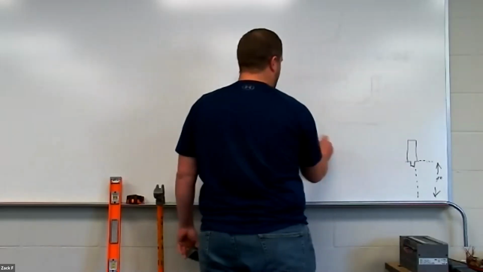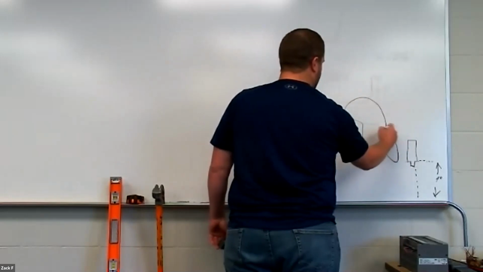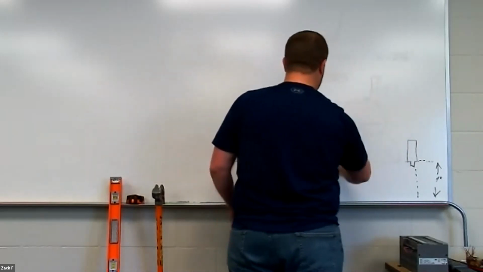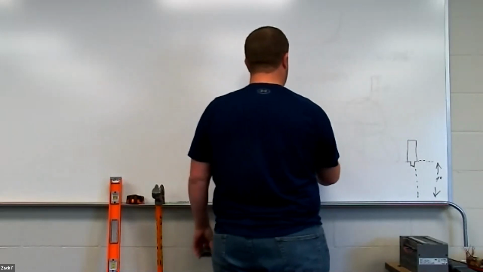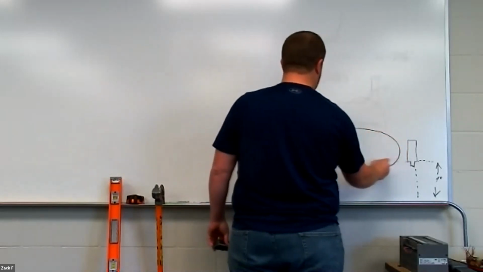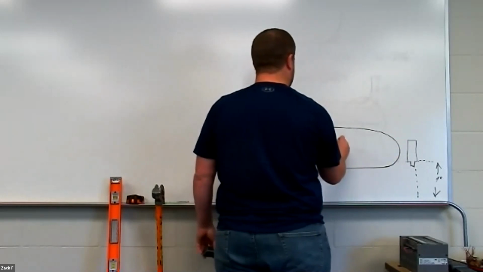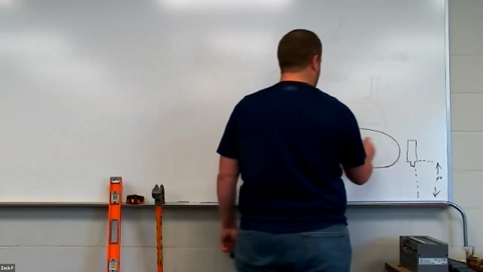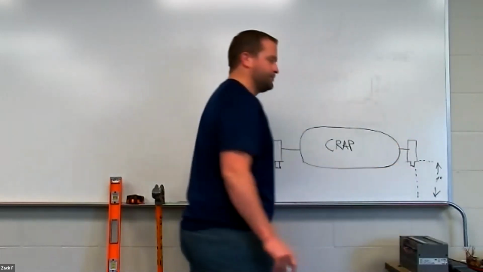And let's say that there's a bunch of crap right here in the way. There's a big ball of crap in the way right here. So we can't just make a straight pipe box to box, right? Make sense? Yep.